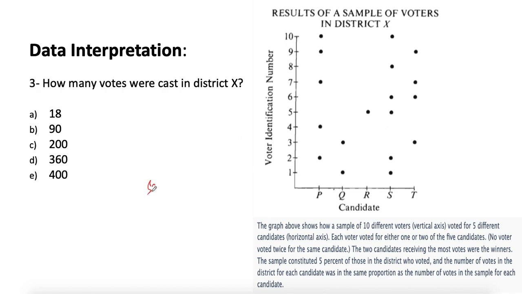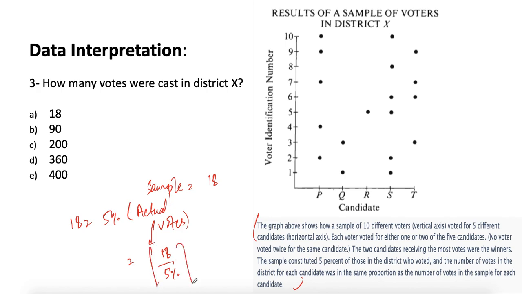So this sample includes 18 votes, and as written in the note, this represents 5% of the actual votes, and we're asked to find that. That is equal to 18 divided by 5%, and this will give our required answer, which is option D.